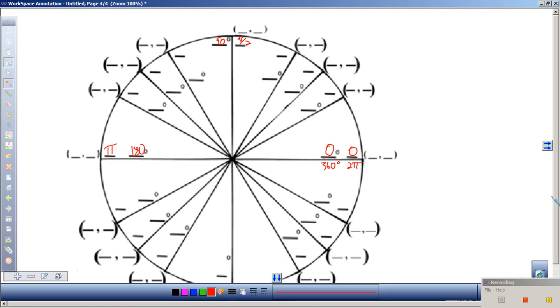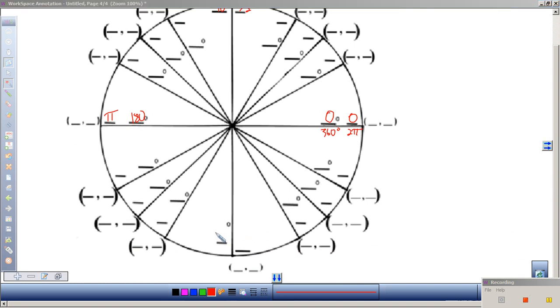Down at the bottom, 270 degrees, or 3 pi halves in radians. There are the four cardinal directions with your angles: 3 pi over 2, 270.